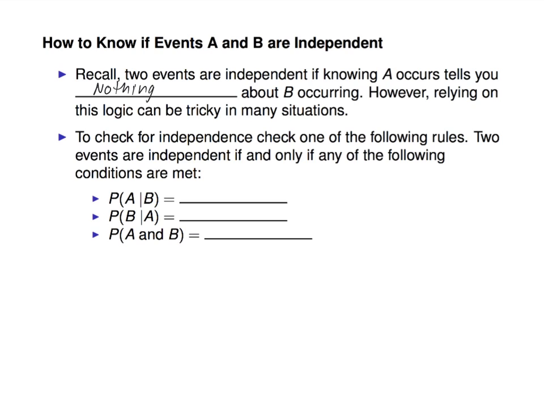So P of A given B is equal to just P of A. As in, knowing B does not change P of A. That's what that condition says. Okay, so B happens, but it doesn't affect it.